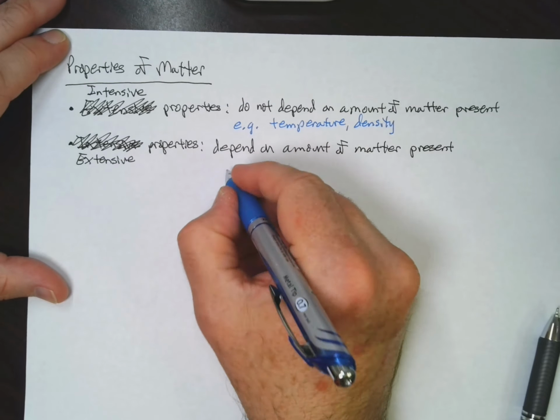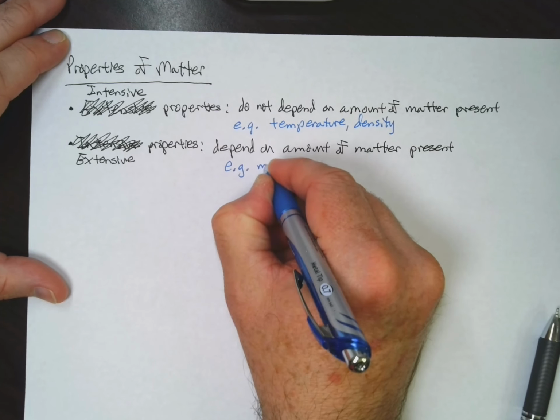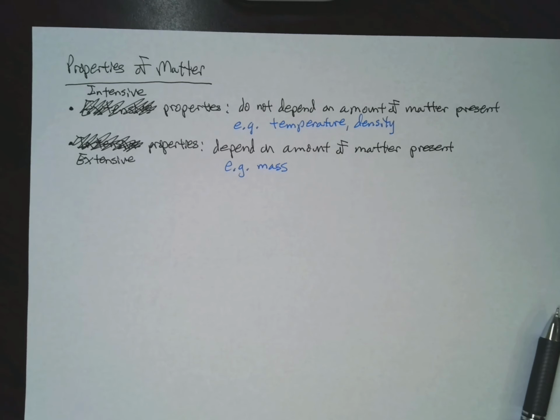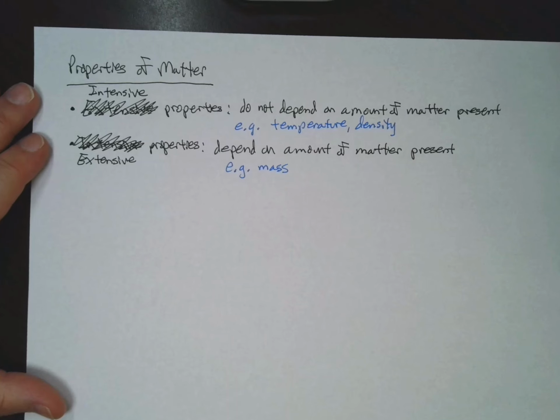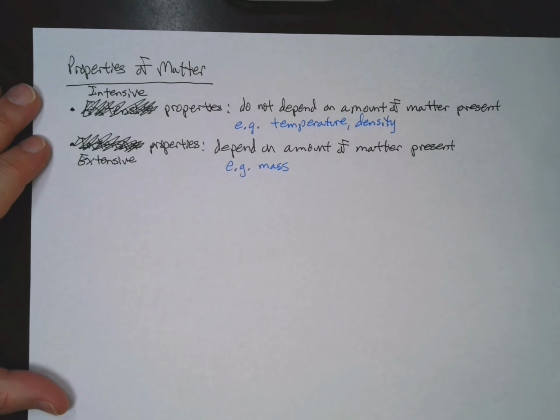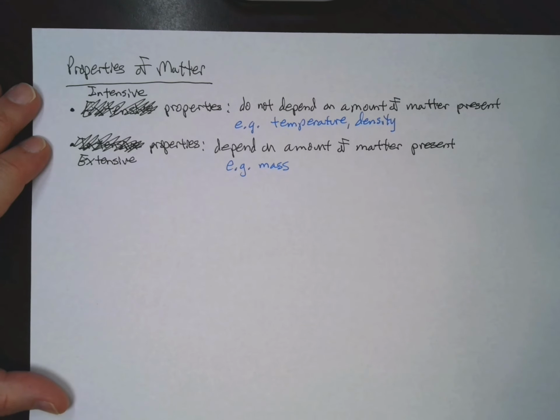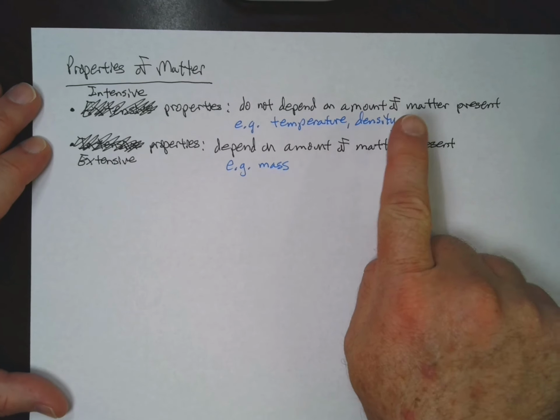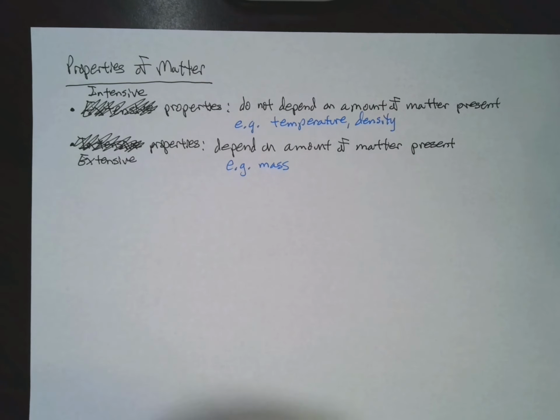And an example of this would be mass. Volume could be an example as well. A cup of coffee is more than half a cup of coffee, volume-wise, and it also has more mass. A 2-pound chunk of gold is more mass than a 1-pound chunk of gold, so mass is extensive, but it's still the same density, so density is intensive.